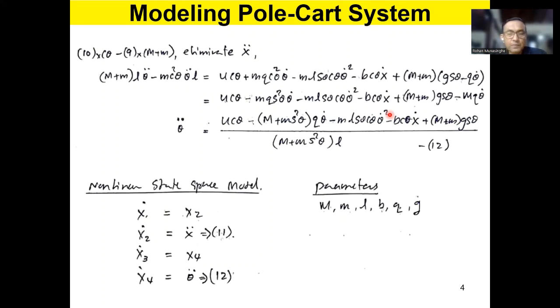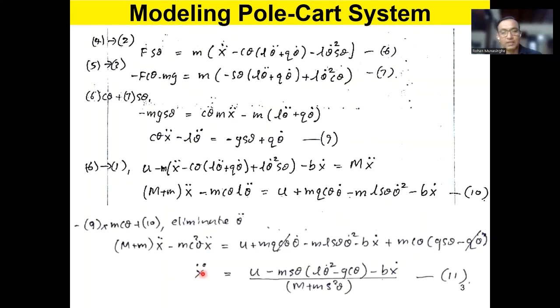Okay. Now, if you look at this in the context of state space modeling, you can write these equations. Say, for example, x1 dot is equal to x2. This is state space modeling, and x2 dot is equal to x double dot. That is equation 11. This one.